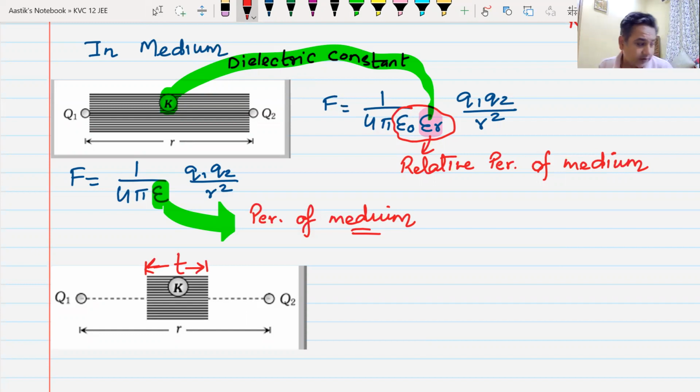The distance between the two charged particles is still r, but I have a medium of dielectric constant k, or relative permittivity epsilon r, in between these two, whose thickness is t. What is the formula of force now? Think about it. I'll give you 2 minutes.